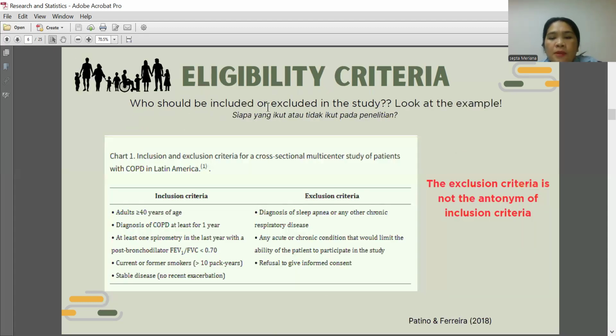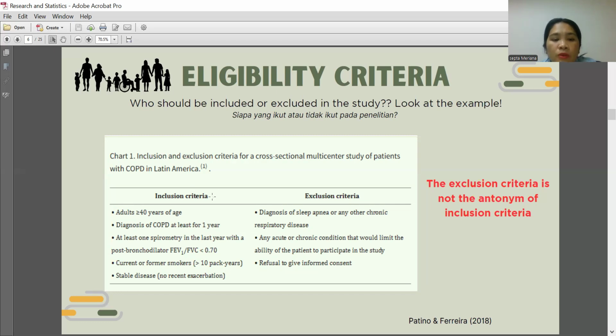So the eligibility criteria will be stated in our research as inclusion criteria and exclusion criteria. This is an example from one of the researches from Patino and Ferreira 2018. You can also click the link; I already put the link here, so you can easily look at the paper.